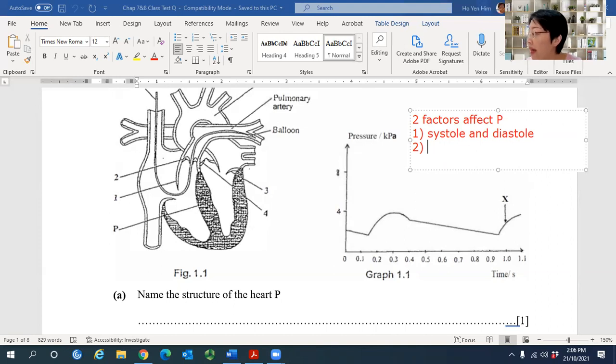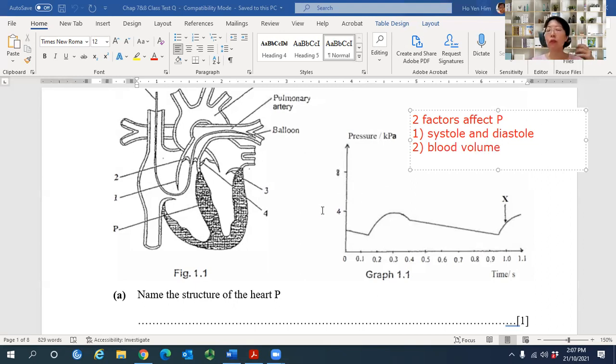So you must remember, if you want to read a graph of pressure versus time, you need to know what affects the pressure, right? You learned the pressure in the 4 chambers, as well as the pressure in the aorta and the pulmonary artery. So these are the two factors that affect the pressure. So you need to remember.